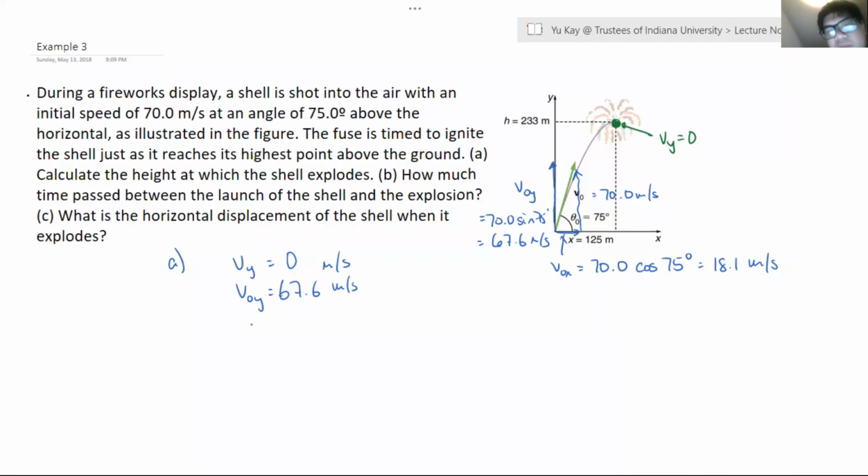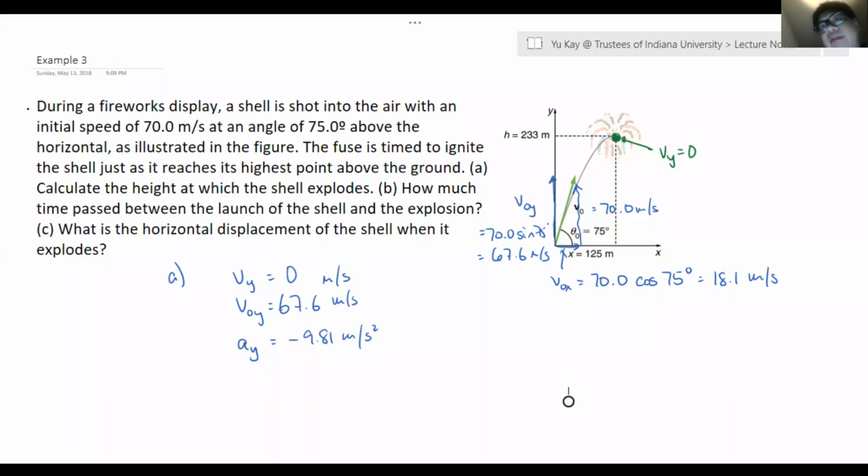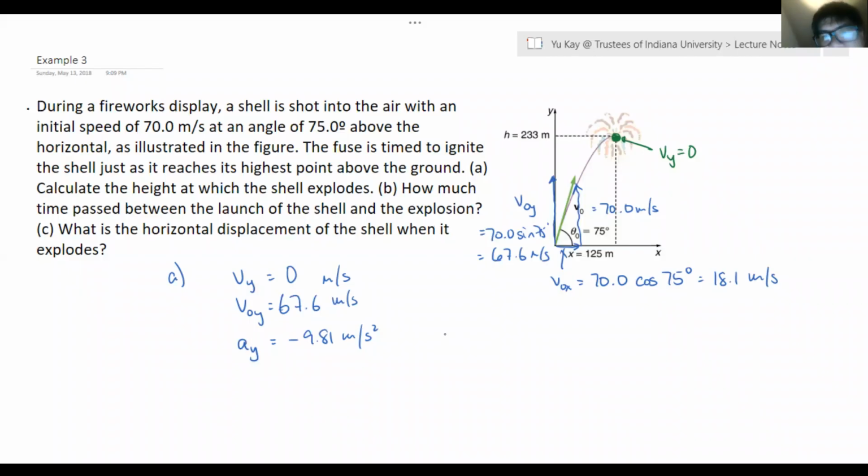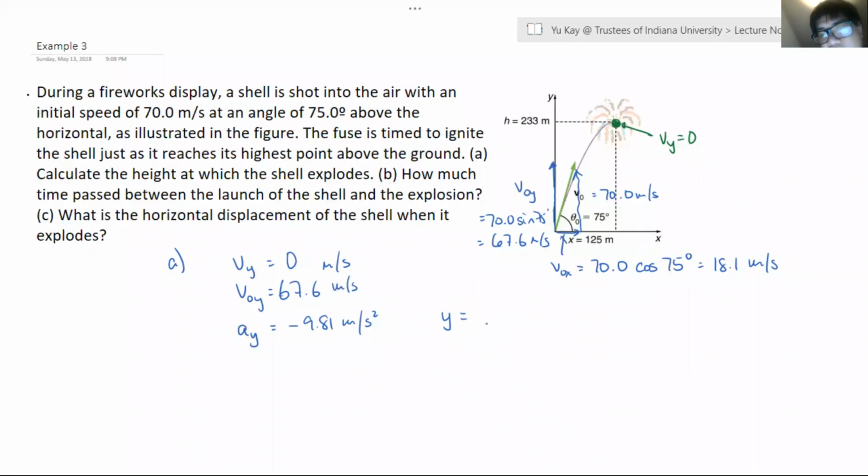Okay, let's think about what else we know. We know that the acceleration in the y direction is going to be minus 9.81 meters per second squared. We have an equation that works from a constant acceleration perspective.